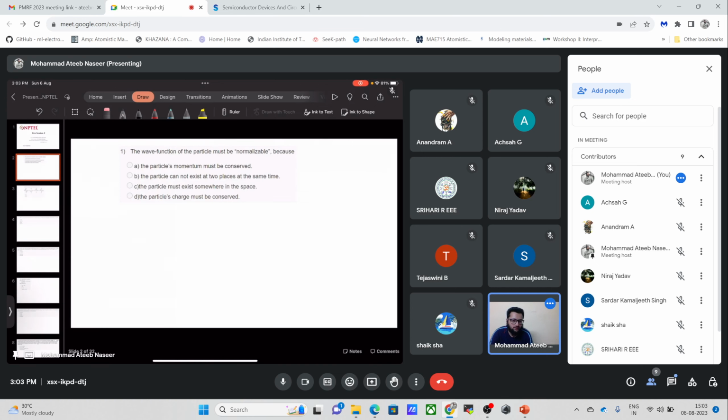It should be normalizable so it doesn't blow up. Which option are you going to select among these four options? C. Okay. Basically, this wave function has all the information about the particle that we are going to study.